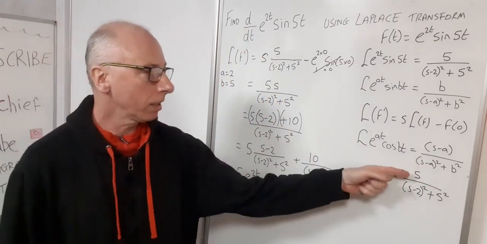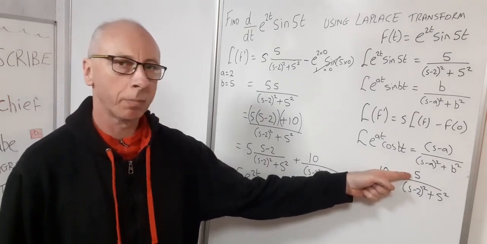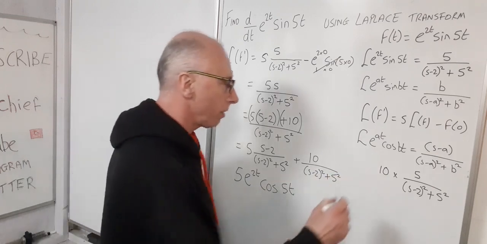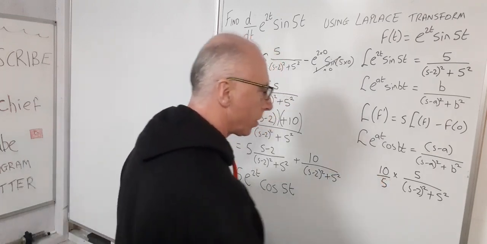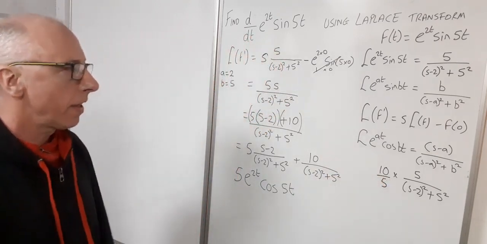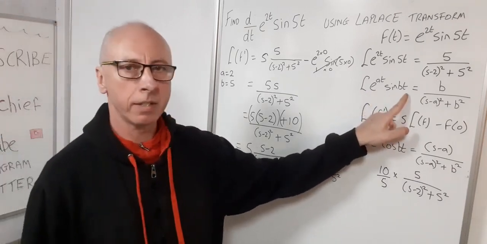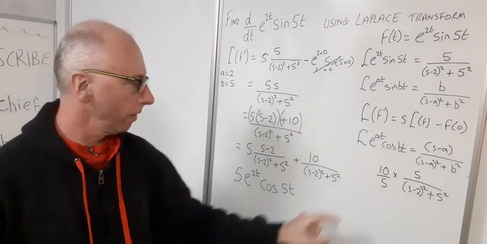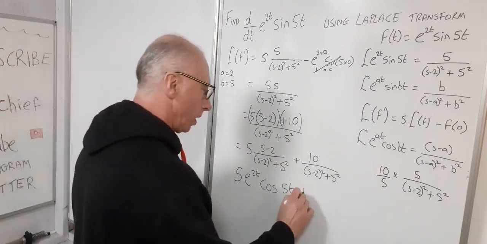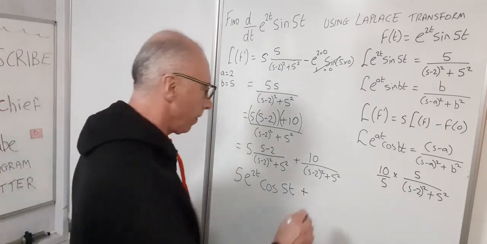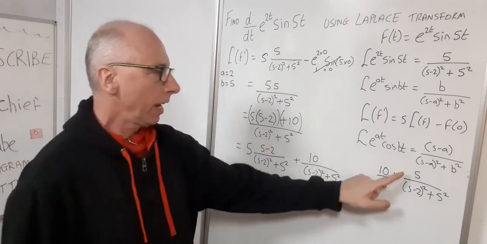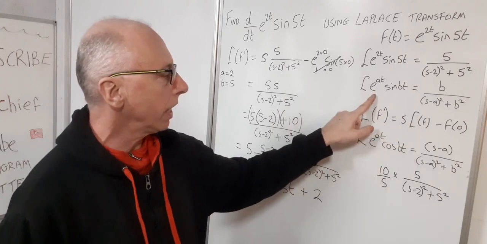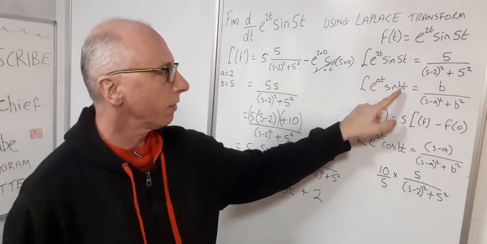But as I've gained an extra 5 here, hence multiplied it by 5, if I divide it by 5 on the outside, I've got the same result. So now I've got 10 over 5, which is 2. And then 5 over s minus 2 squared plus 5 squared is going to give me e to the 2t sine 5t.